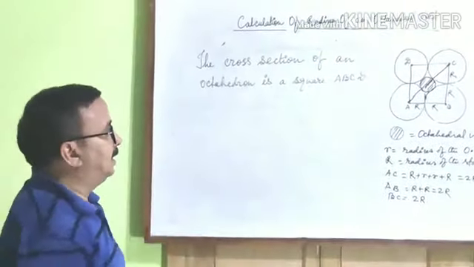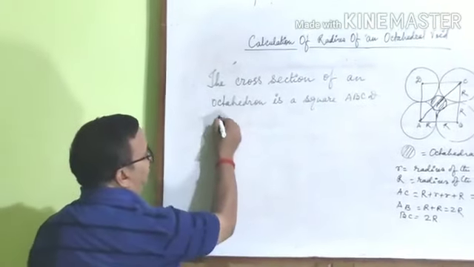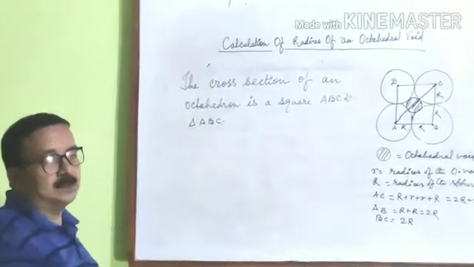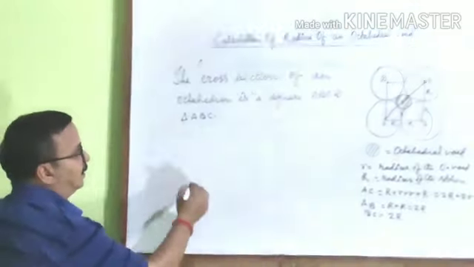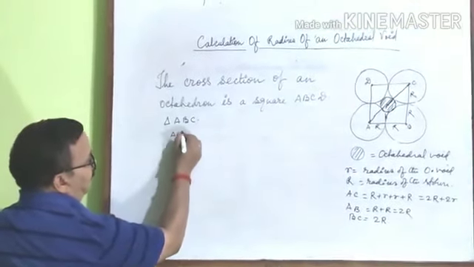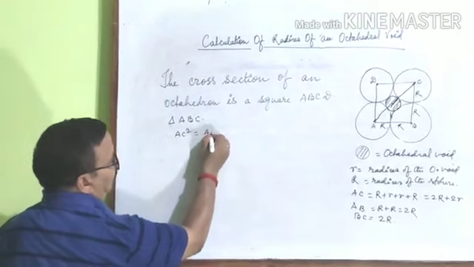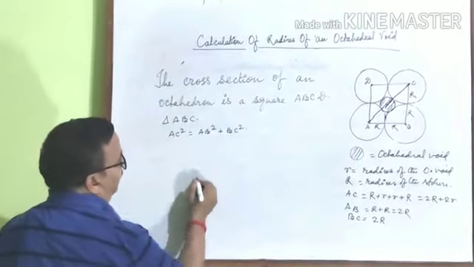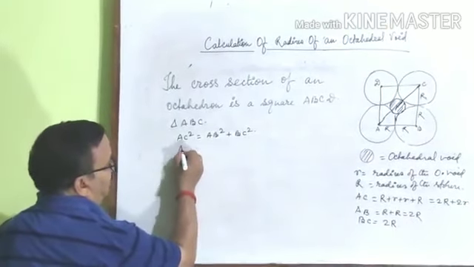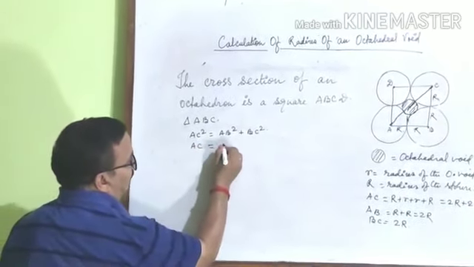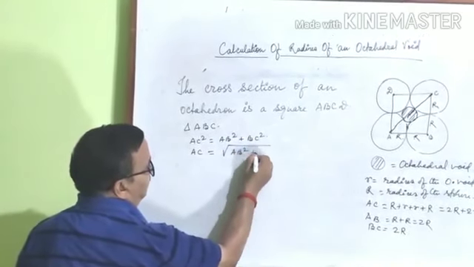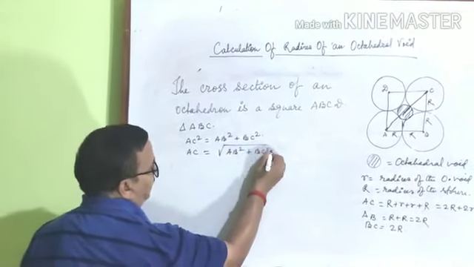Now in triangle ABC, which is a right angle triangle, AC square is equal to AB square plus BC square, or AC is equal to root under AB square plus BC square.